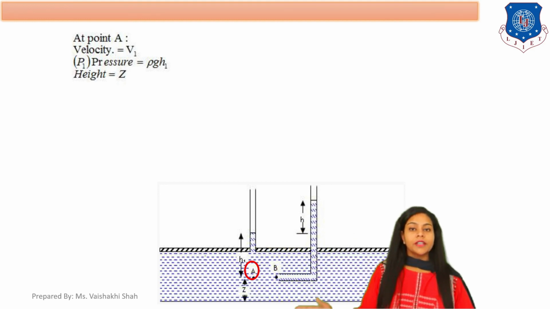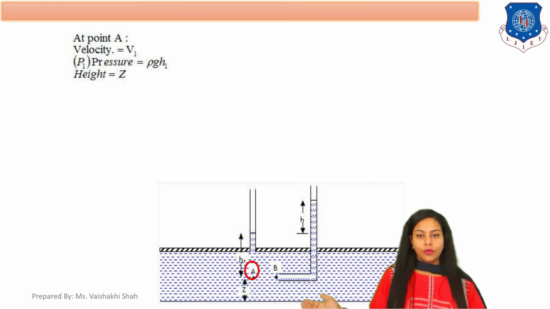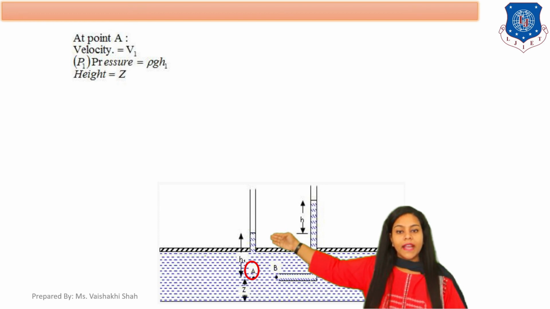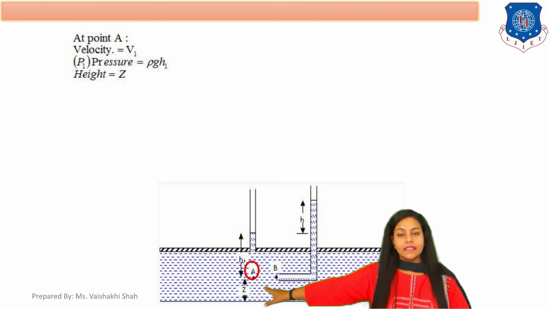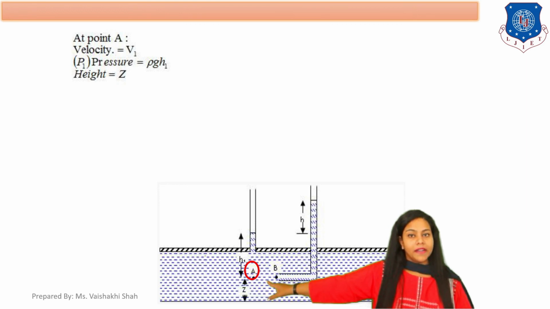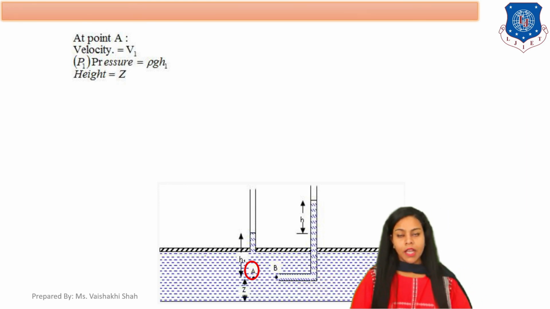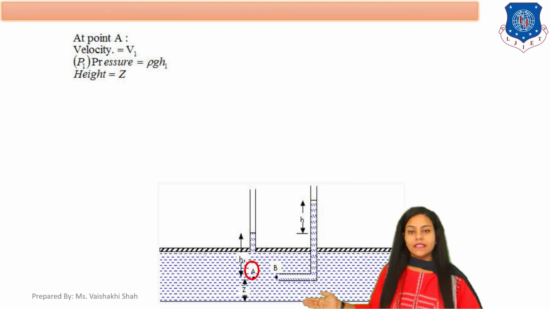So pressure at point A is rho g h1, and the height of point A from the datum is z. So at point A velocity is v1, pressure P1 equals rho g h1, and height z.